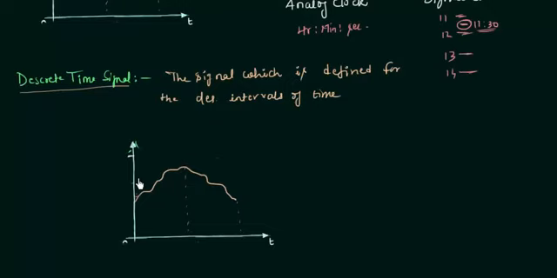In a discrete time signal, the time axis, that is my x-axis, is discretized. By discretized I mean, let's say we are measuring the temperature at 11 o'clock daily. So this is the 11 o'clock of the first day, then this is for the second day, and this is for the last day, and this one is for the second last day.